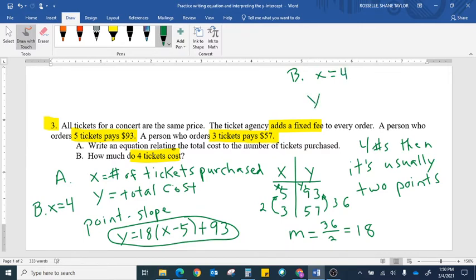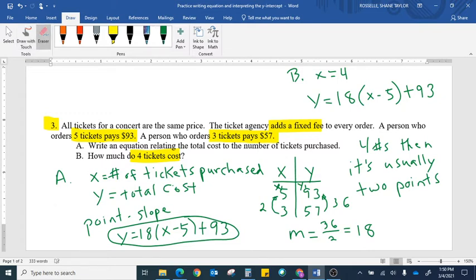Now we have this equation, Y equals 18 times X minus 5 plus 93. I'm going to rewrite that down, and instead of X, I'm going to plug in 4. So we know that 4 minus 5 gives me negative 1.